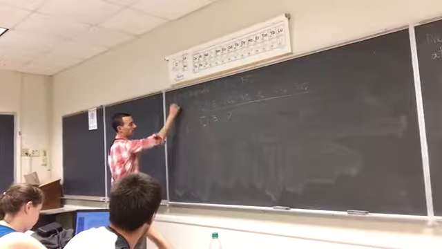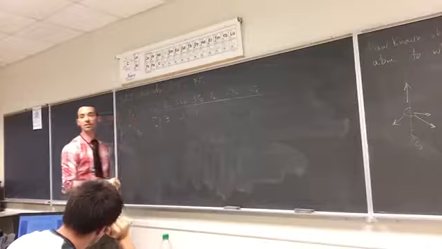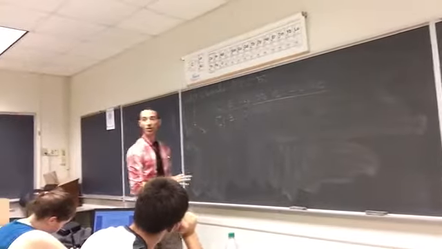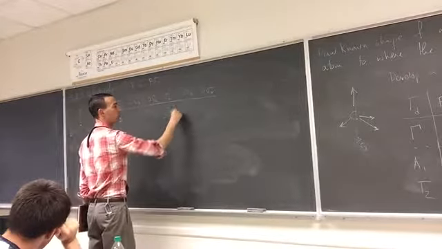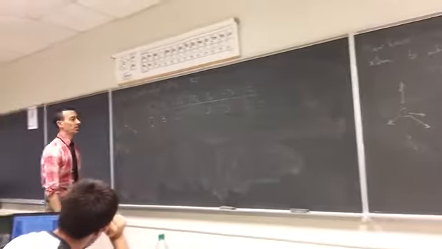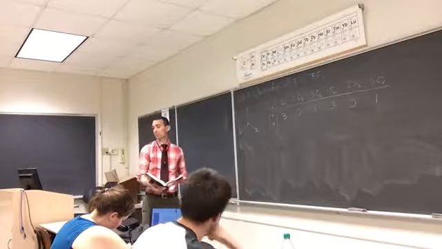C2 would be any one of the bonds, so one of them would be unchanged. Sigma h, plane of the board, all of them are unchanged, so 3. S3, they all move. Sigma v, one of them stays in place just like the C2. 3, 0, 1, 3, 0, 1. Okay, we're good?